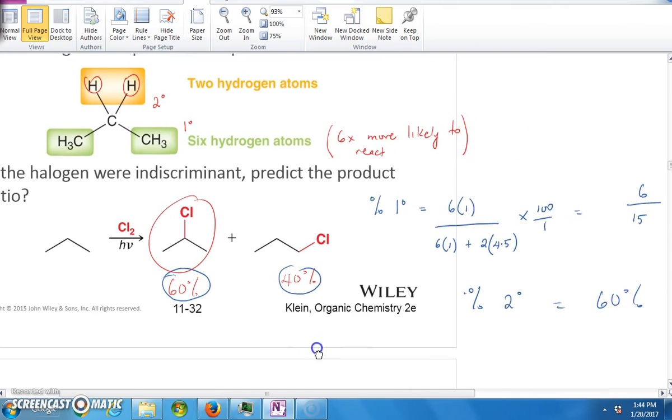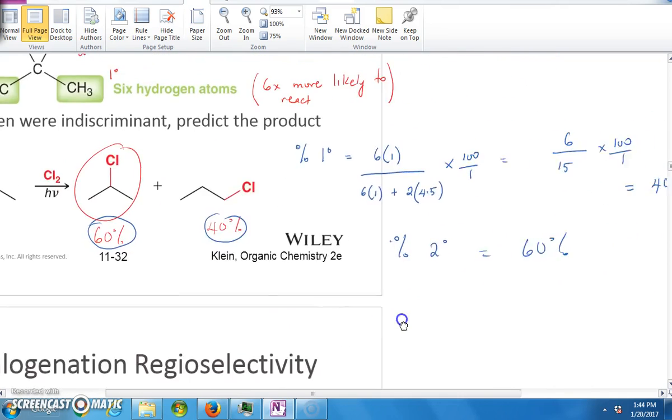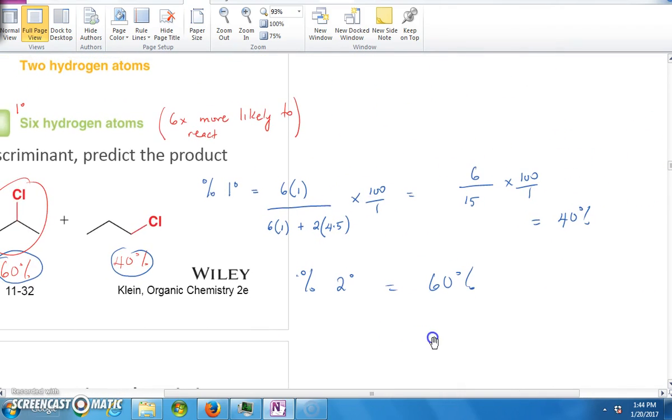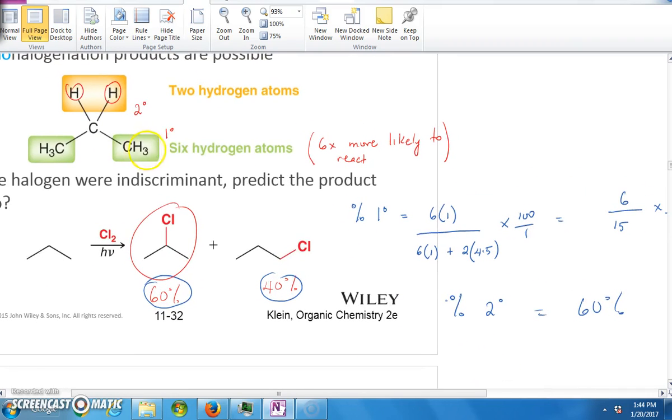Now, I'm going to show you a table much later, which we're going to use, but essentially how I got the 40% and the 60% is, if you look, we have 6 hydrogens at the primary position that have the possibility of being abstracted. Okay, we have 6 of them. So 6 times 1.